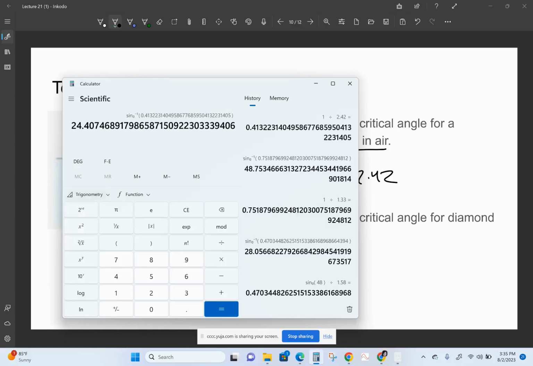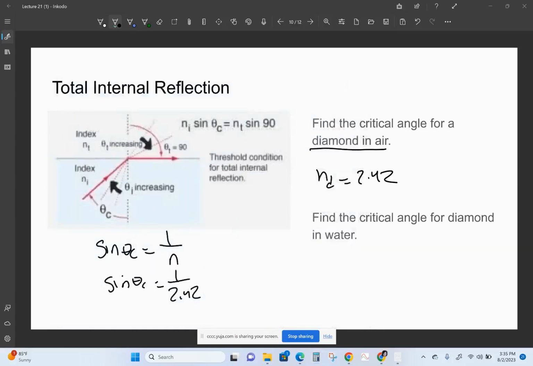And I get 24.4 degrees. So theta C is going to be 24.4 degrees. Now, think about a diamond that's just a nice square, that doesn't have any facets on it. It is very likely that you will get rays of light that will enter this at something bigger than 24.4 degrees, which means that it's going to bend.